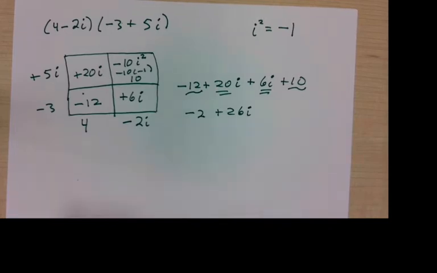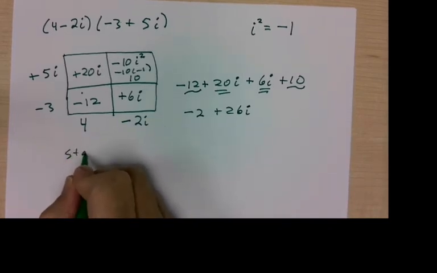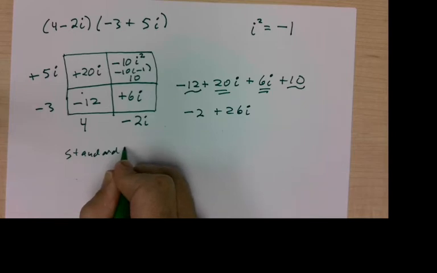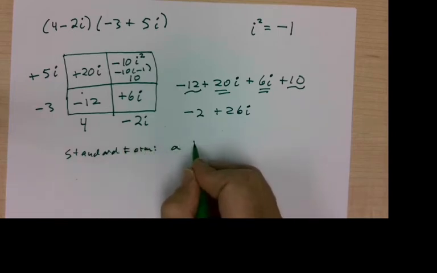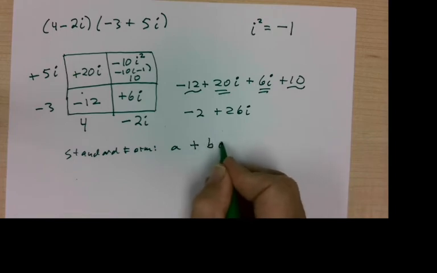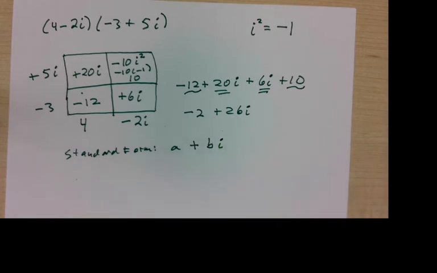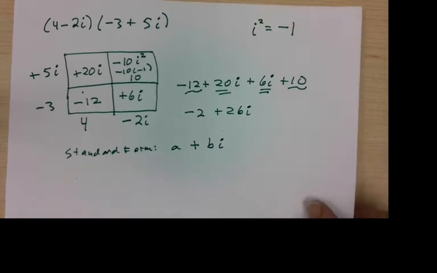Now, standard form for a complex number, by the way, is a plus bi. So we prefer to write the complex number with the real part plus the imaginary part, a plus bi, to define that.